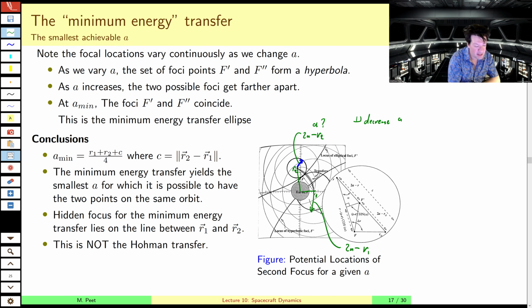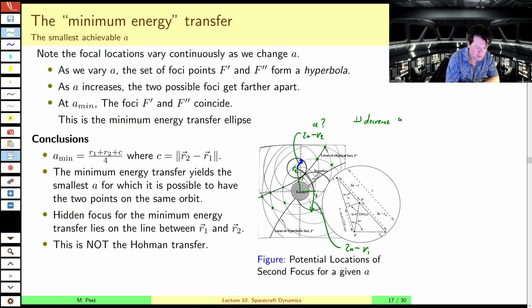Well, as we decrease a, these circles get smaller and smaller. And remember what we're looking for: the point of intersection of these circles. So this point, this point, this point. I'm having trouble visualizing. Here we go. This point, this point, this point.